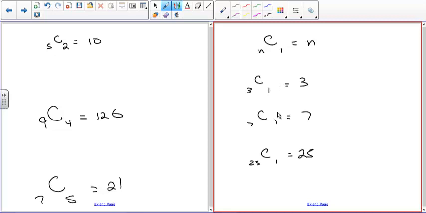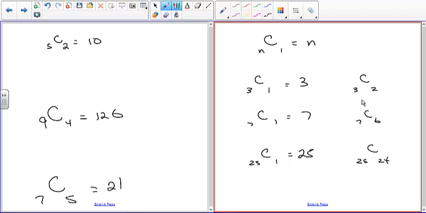So when you take 1 thing at a time, the answer is always the first number. The other thing is if you take 1 less than this number. So on the other side of the triangle, you would have 3 things taken 2 at a time, 7 things taken 6 at a time, 25 things taken 24 at a time.